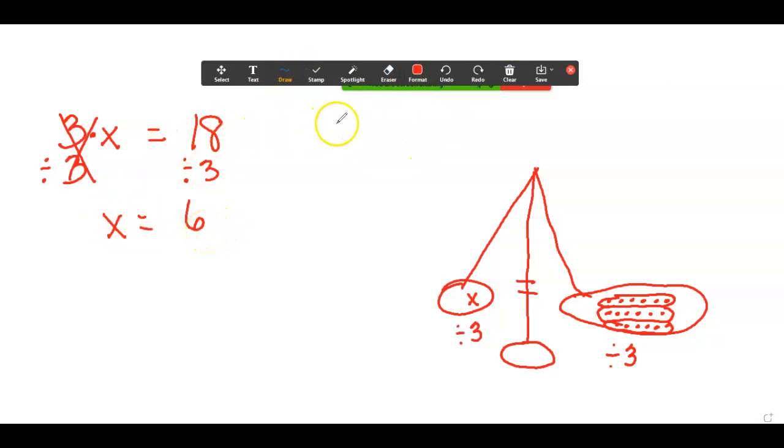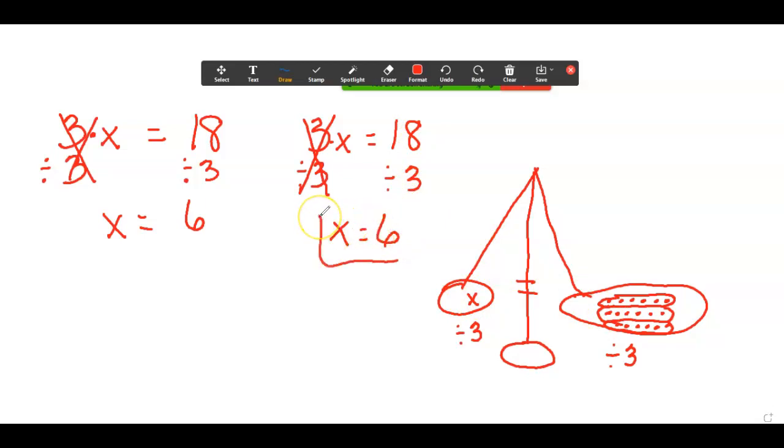I want to rewrite that up here so you can kind of see what that looks like again. I'm looking for the opposite operation. Well, the opposite operation of multiplication is division. So if I divide by 3, that means I'm getting rid of this and I'm left with just x. What I do to one side, I must do to the other side to keep it balanced. 18 divided by 3 is 6.